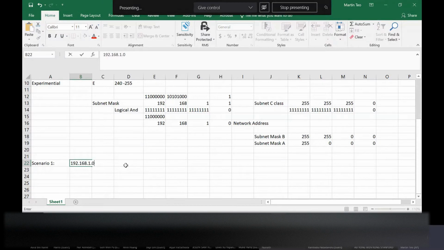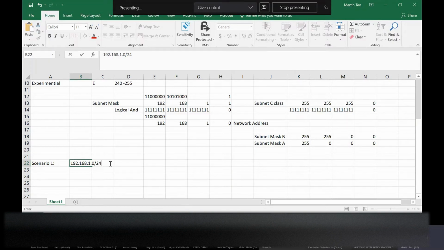Okay, so for example, we may be given 192.168.1.0. By the way, guys, I need to add one more thing. Usually for the subnet mask, for example class C 255.255.255.0, we represent it by /24. For class A 10.2.2.0, we will put a /8. The /8 refers to the subnet mask.